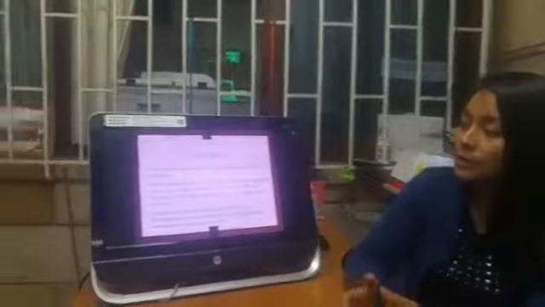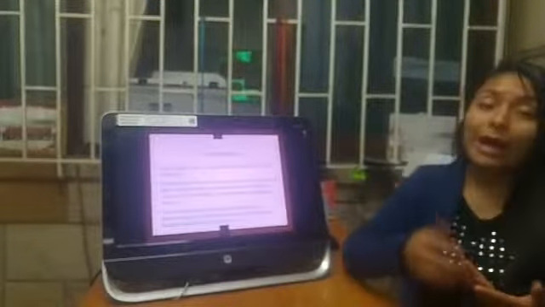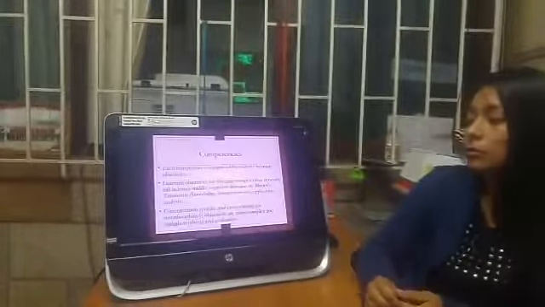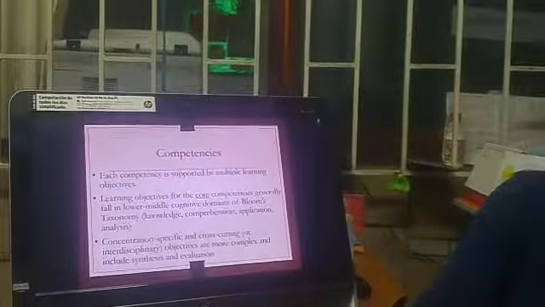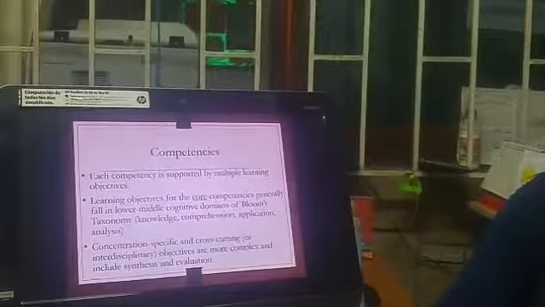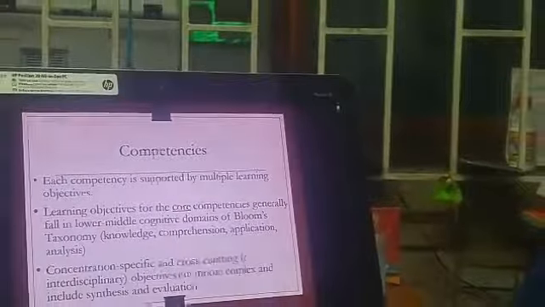And the other competence is concentration, with specific and cross-cutting or interdisciplinary objectives that are more complex and include synthesis and evaluation.